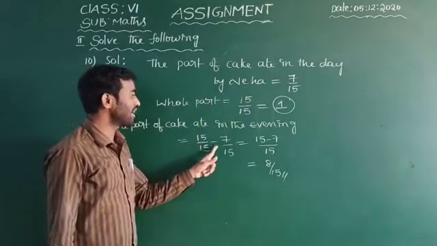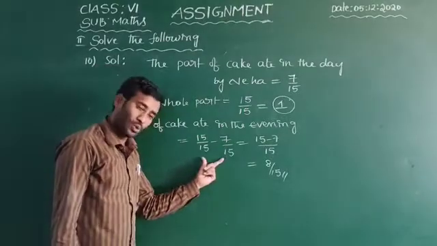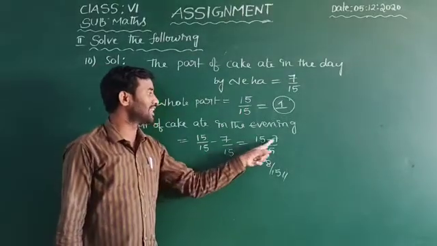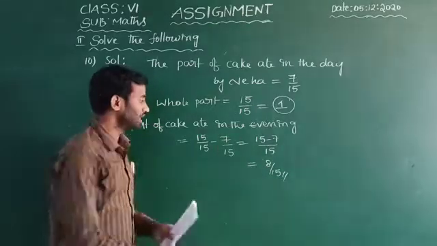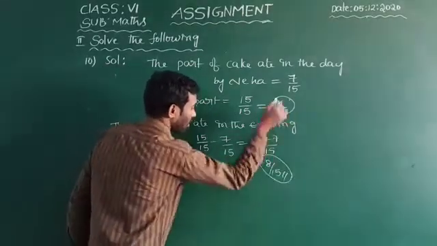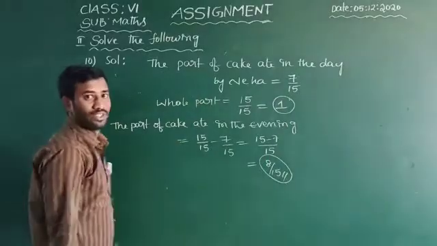That is 15 by 15 minus 7 by 15. These two are like fractions, so 15 minus 7 by 15. 15 minus 7 is 8 by 15. So she ate 8 by 15 of the cake in the evening.